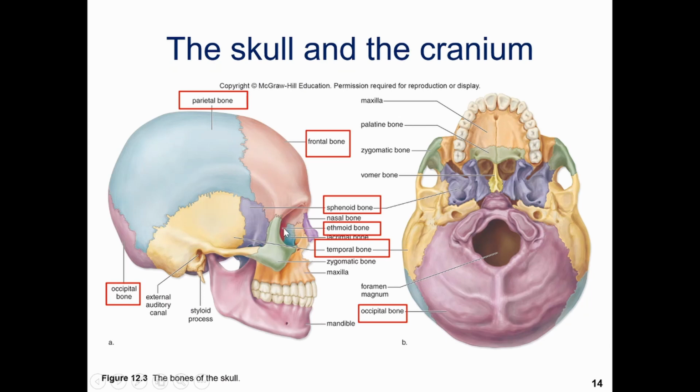We see it just ever so slightly here because it's kind of deeper inside of the skull, deeper inside your head. And so all these bones that I have boxed in here are contributing to protecting your brain. They're all forming that case, that helmet surrounding your brain. And so you'll want to be familiar with those, and you'll want to be able to identify them on an image.